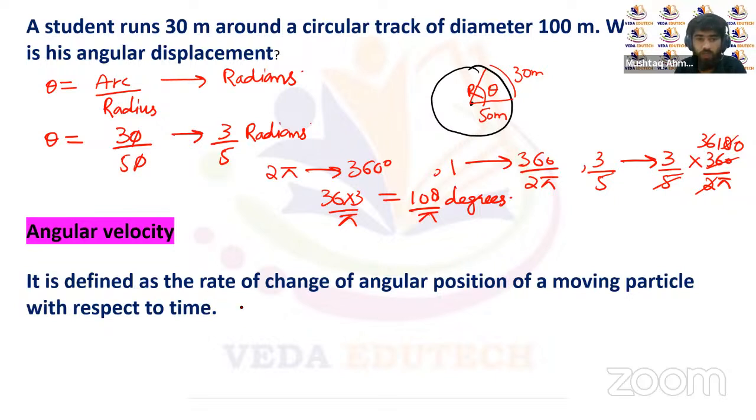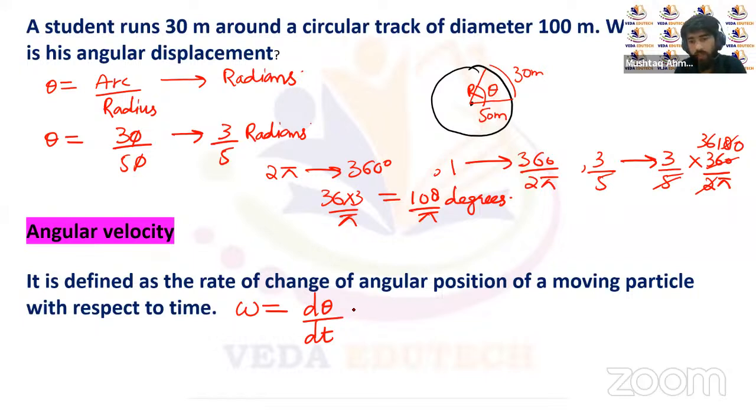Angular velocity is denoted by omega. It's given by the rate of change of angular position of a particle with respect to time. Or we can say the derivative of the angular position with respect to time will give us the instantaneous angular velocity of a particle.